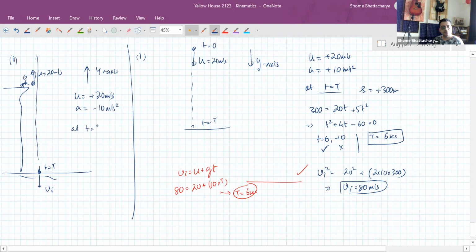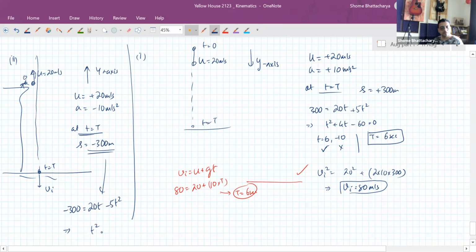So at t equal to capital T, your displacement should be minus 300 meters because it's 300 meters below. Okay. So minus 300 is equal to 20t minus 5t square.